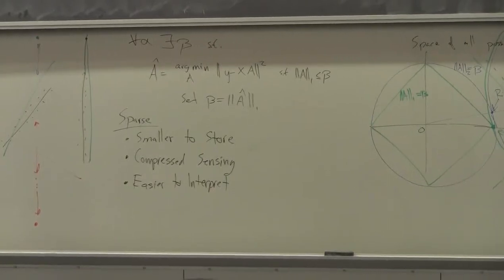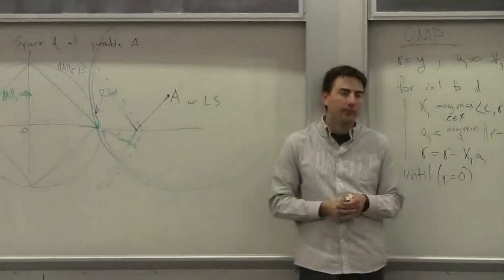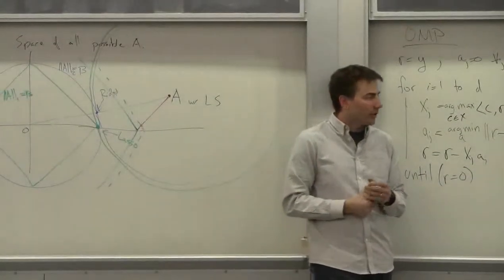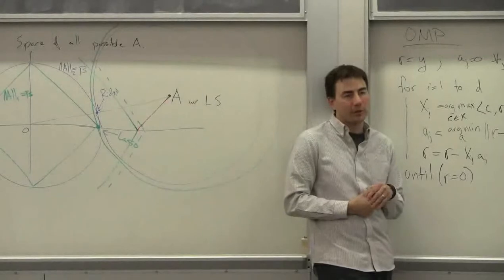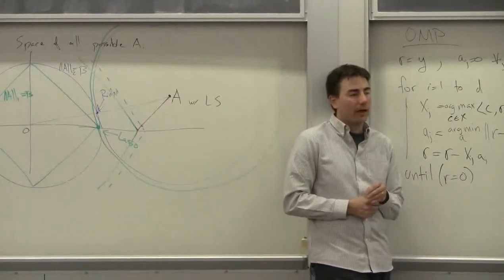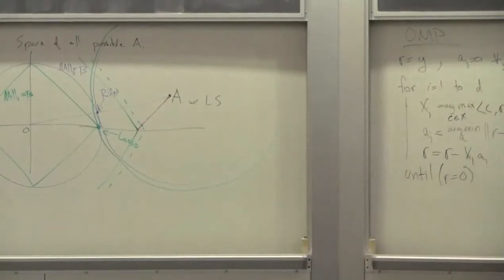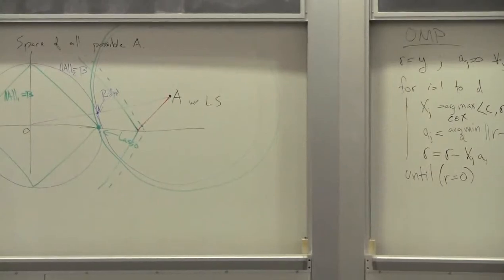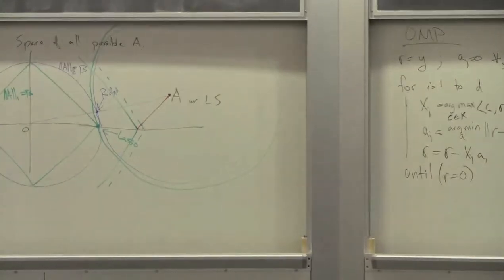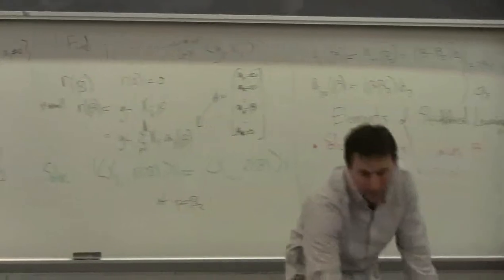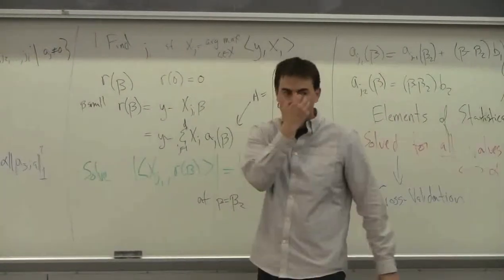So is the lasso the same as least angle regression? Least angle regression is an algorithm to compute the lasso, right? And then the thing where you snap it to 0 is called something slightly different. I forget the name of that.